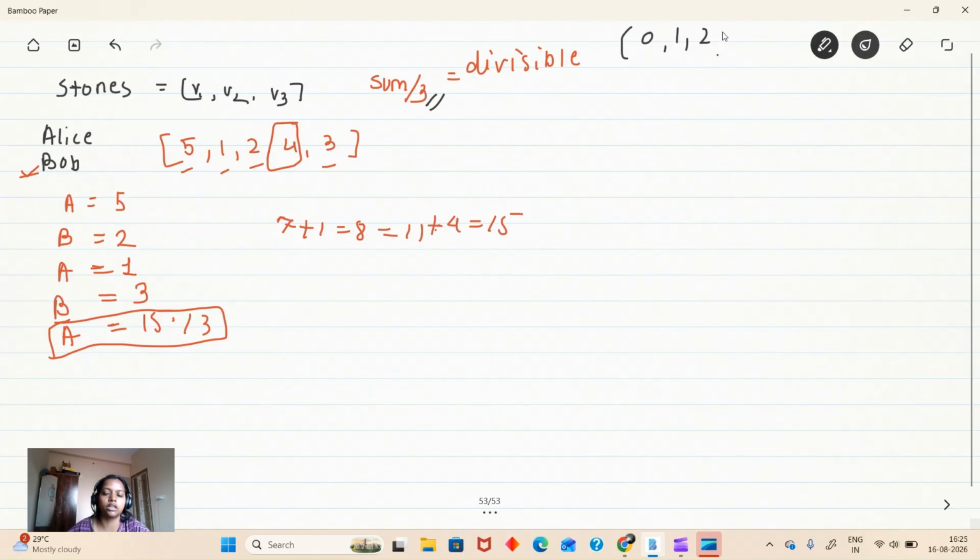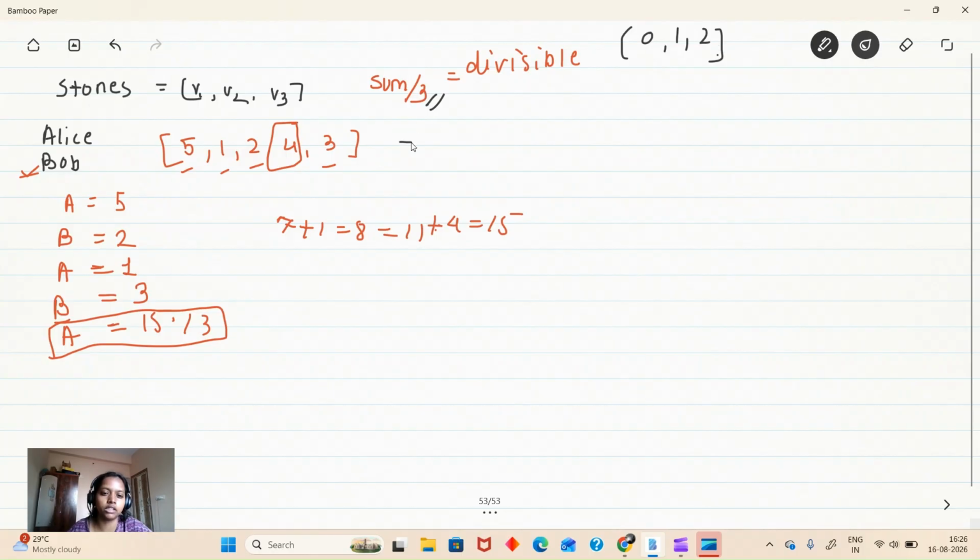Because if I take the remainder when dividing any value by 3, if it is not divisible, the remainder will be 1 or 2, and if it is divisible, it will be 0. So we can convert this set of data into the form of 0, 1, 2, and then it will be easy for us to solve this question.